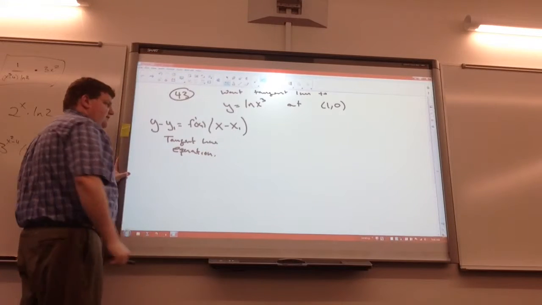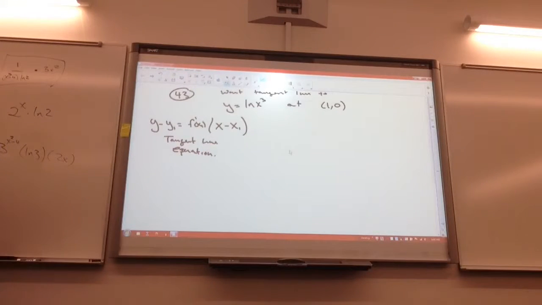We've got y1 and x1, that's 0 and 1. What we need is f prime of x sub 1. We need to figure out the derivative of the function and then evaluate it at the given x coordinate.